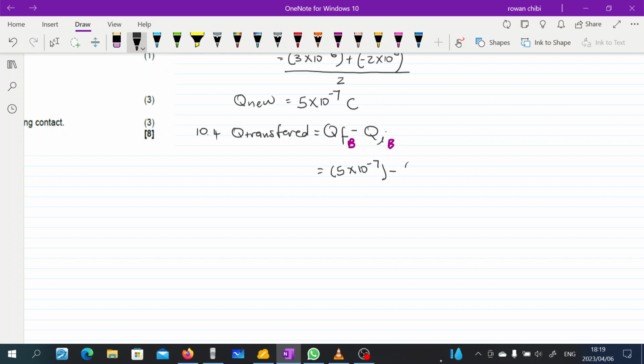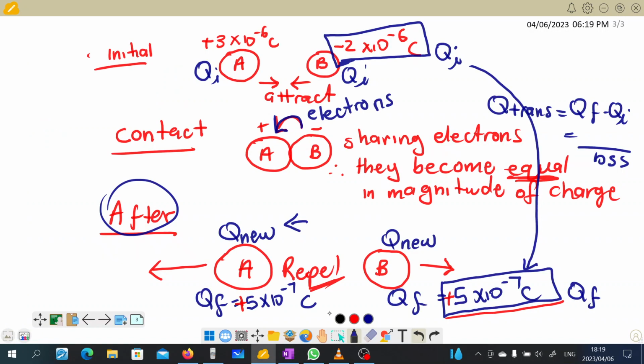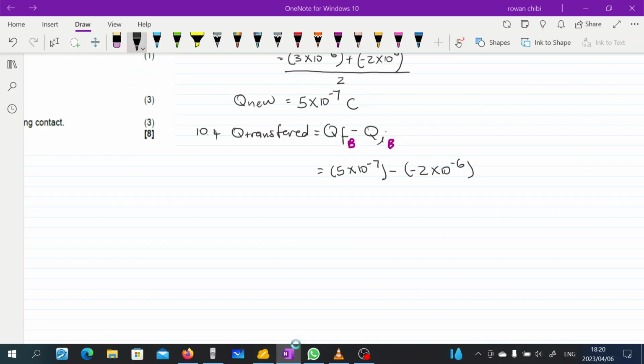What is Q initial for B? It is negative 2 times 10 negative 6. So the final for B is 5 times 10 minus 7, and the initial is minus 2 times 10 minus 6. So we are going to take a calculator and punch this in and see what the answer is.